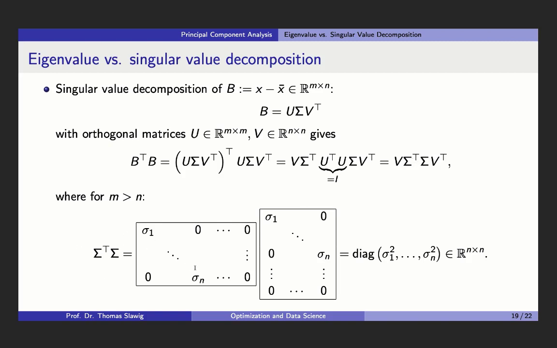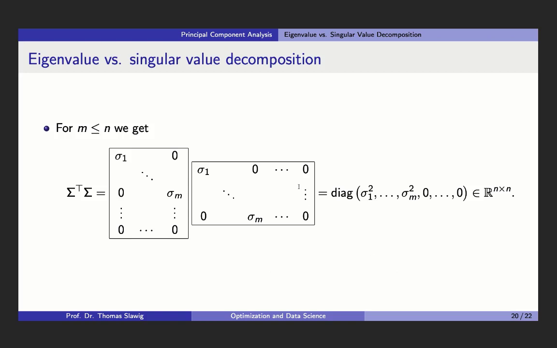And if we look at them, they look like this in the case m bigger than n, but then we can easily see that we just get a diagonal matrix with the squares of the singular values on the diagonal. If we do it in the other case where m is lower equal n, then we have different sizes here. So this gives now a bigger number of rows, because this is sigma transposed.